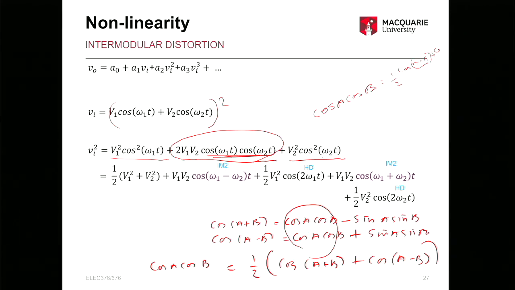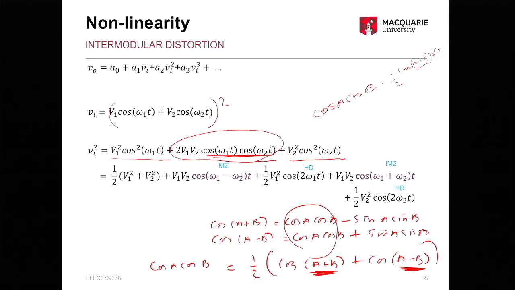See, in the time domain, this is the product of two signals, cos omega 1t multiplied with cos omega 2t. But if you look in the frequency domain, this is omega 1 plus omega 2, and that is omega 1 minus omega 2. Now you see where the sum and difference frequencies come from.